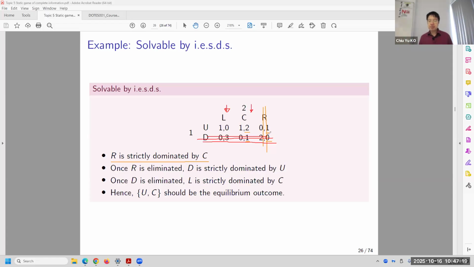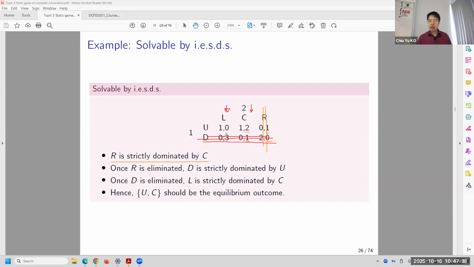But now if player 2 knows player 1 knows player 2 is not stupid, in that case player 2 would be safe to say D is not chosen.